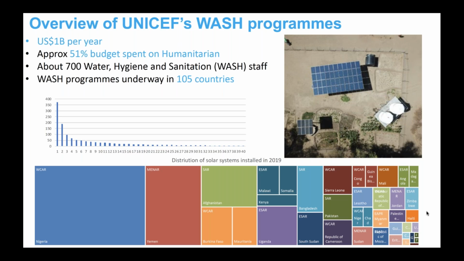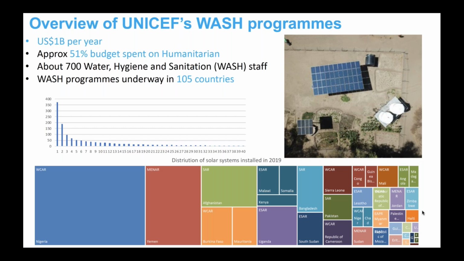When we look at the operations and the results that we are getting every year in terms of solar-powered systems, mainly for water supplies, but we have also some interventions in water treatment plants, you will see here the distribution of the main countries and regions that are basically using solar energy as a way to run the water systems.